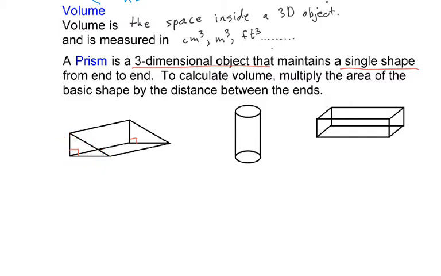So we figure out the area of a triangle, and in order to get the volume we're going to multiply it by its height. In essence, it's almost like if you take a look at a book.